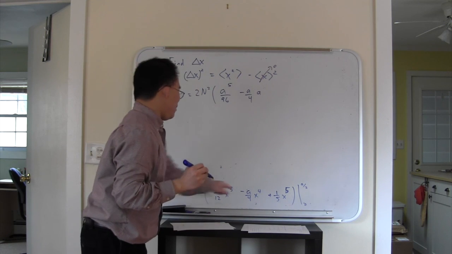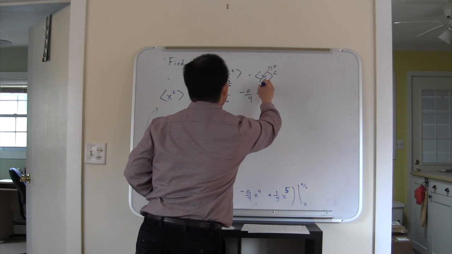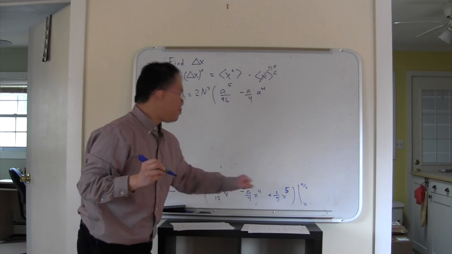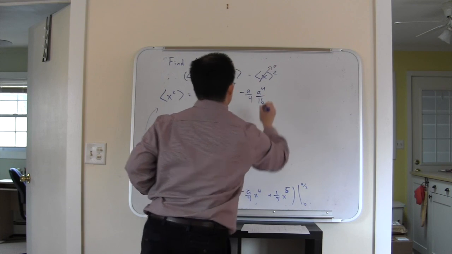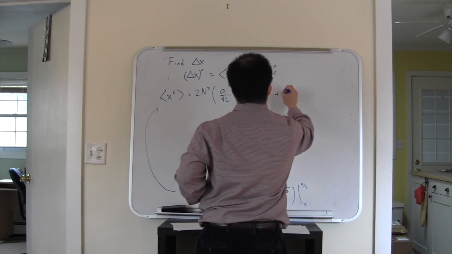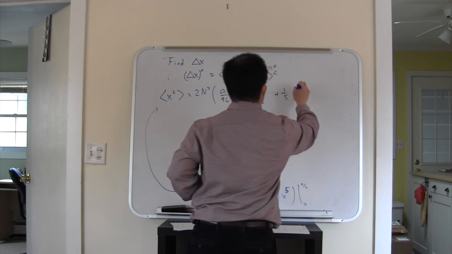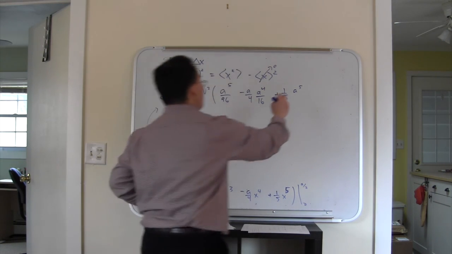So I have a times a to the 4th, that gives me an a to the 5th in total. 2 to the 4th power is 16. 2 cubed is 8, 2 to the 4th is 16, plus 1/5 a to the 5th over 32.